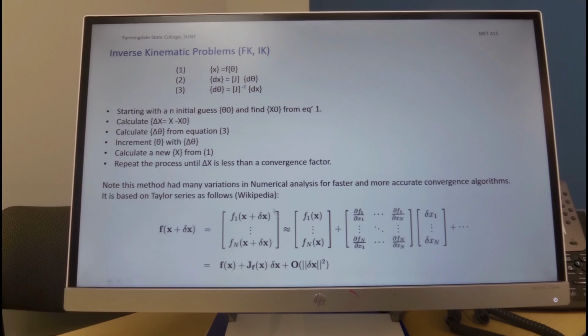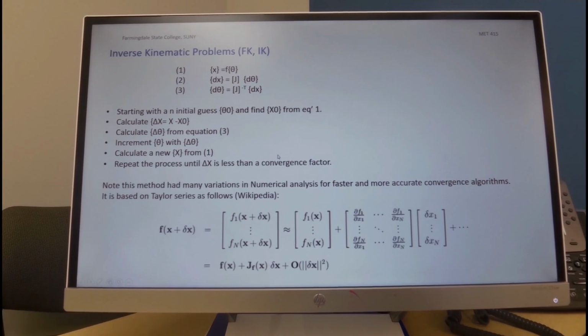That whole function can be approximated by the function itself at that point plus the derivative of that function at that point with respect to all these vectors. So this is like a gradient, multiplied times the delta x. And all the other terms of the Taylor series come here as a residual, and the idea is to minimize this residual in the convergence system.